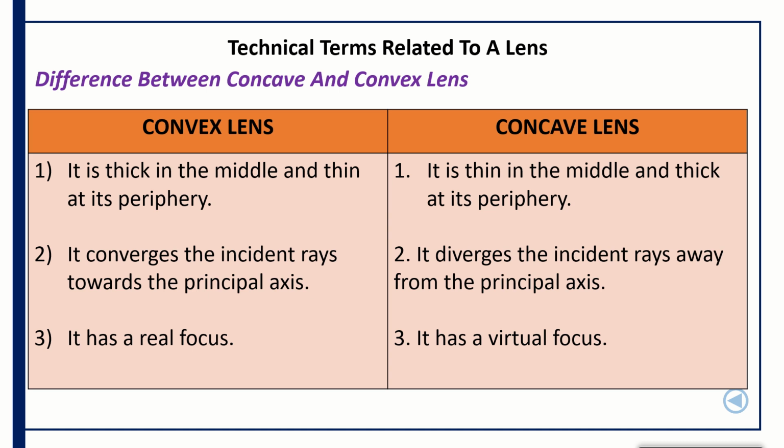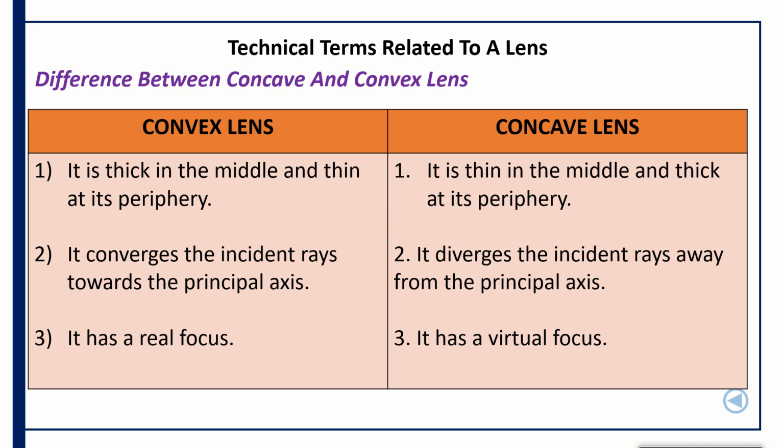Convex lens is also known as converging lens because it converges the incident rays towards the principal axis. It bends the rays of light falling on it towards the principal axis.